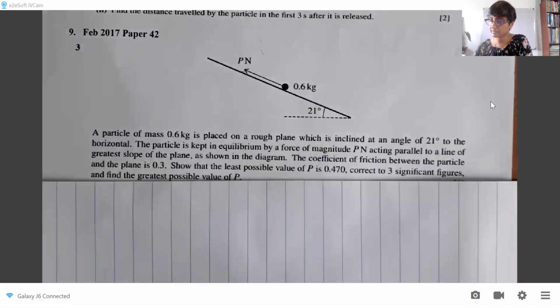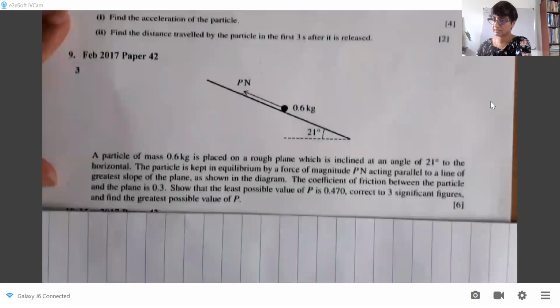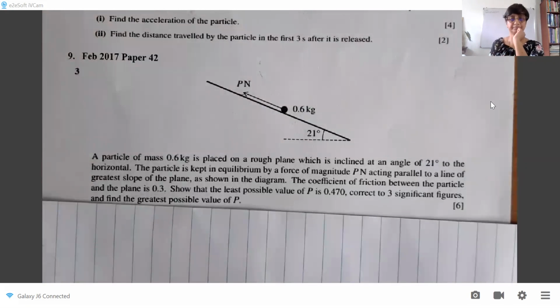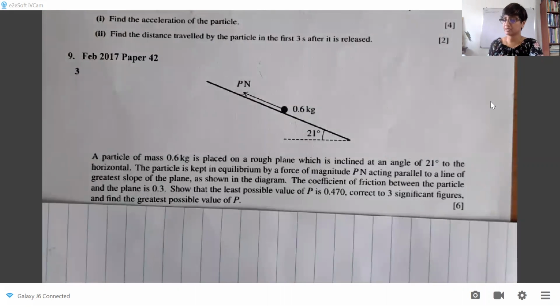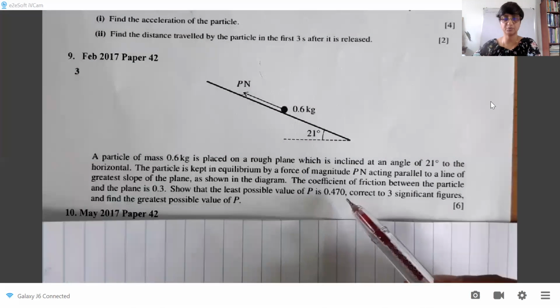So I will keep quiet, leave you with it for like 5 minutes. Just quietly work on it. First part is a show part here, so you know when you get it right.